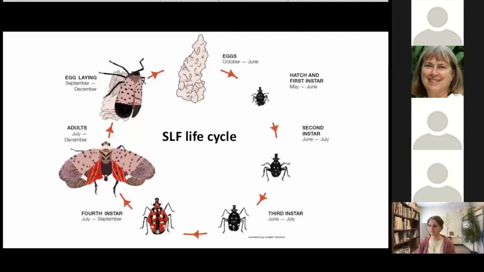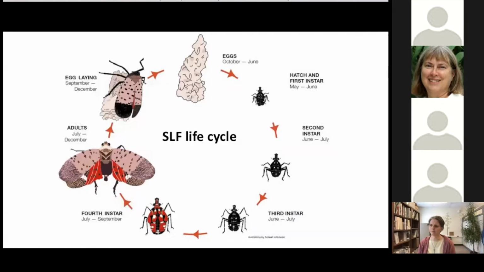The first three instars, and most people were right on their answers, are white with black spots. It gets larger each time it molts to the next instar. The fourth instar is red, black, and white. They're quite distinctive, and they occur in the late summer, early fall, and then they molt into the adults. The adults are large, and we'll see some pictures of that coming up.